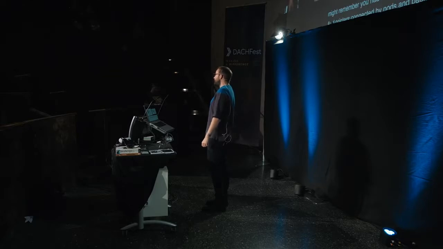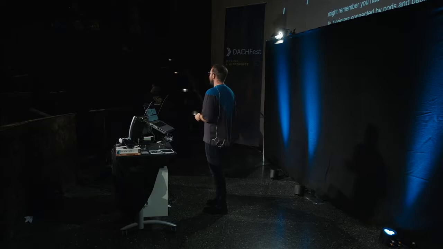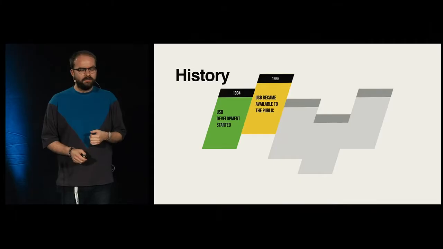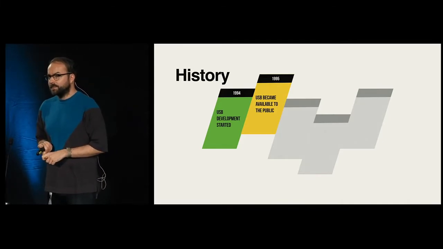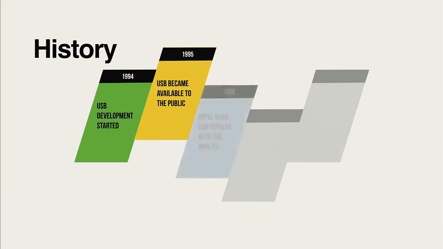So to bring all this madness to an end, a group of engineers led by an engineer from Intel started developing USB, like one bus system to rule them all. And in late '95, we saw the result of their efforts. The first USB devices and host systems became available. But they weren't really popular back then, not really welcomed by the users.